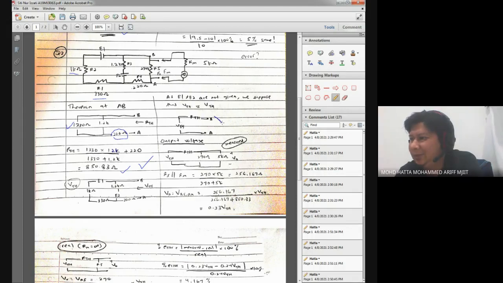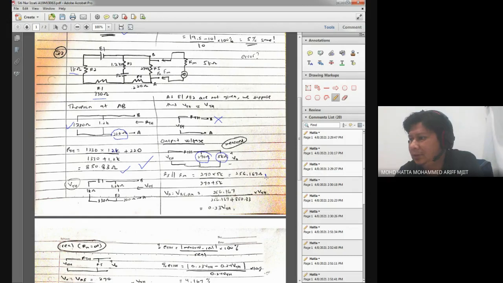Please don't draw like this here. Please properly draw lah. Okay, now we have 270, and we have RTH, and also we have 5 kilo ohm over here. What you did was 270 in parallel with 5 kilo.